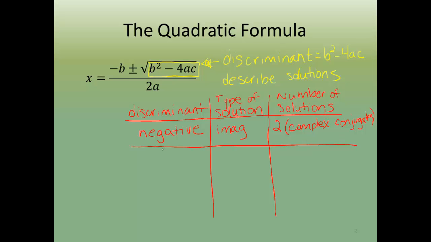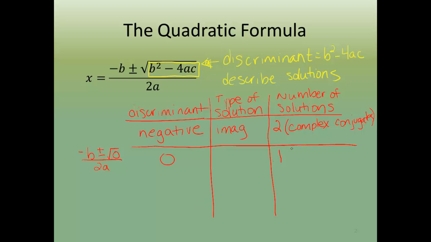If we have a discriminant that has a value of 0, in other words, we're doing the opposite of b plus or minus the square root of 0 over 2a. The square root of 0 is 0, so I'm only going to end up with one solution.